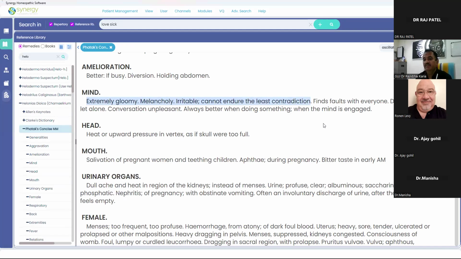Finds faults with everyone. Desire to be let alone. Conversation unpleasant. Always better when doing something, when the mind is engaged, like Sepia, no? Occupation, emulation.